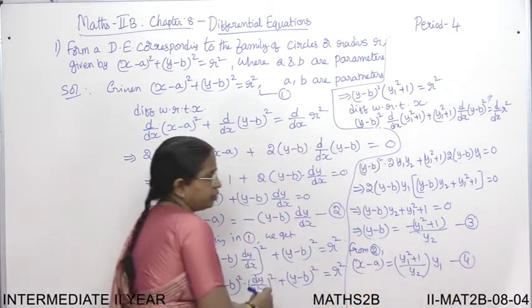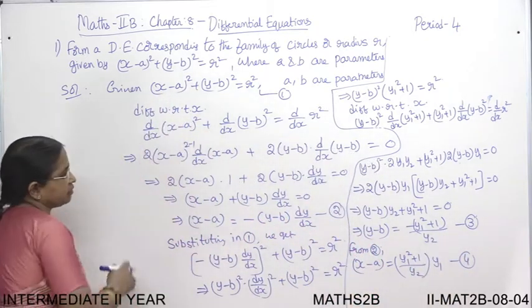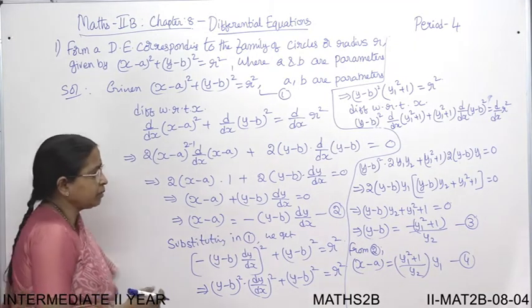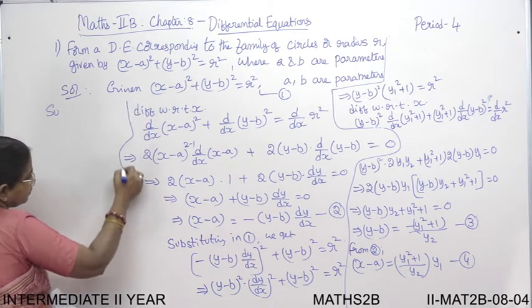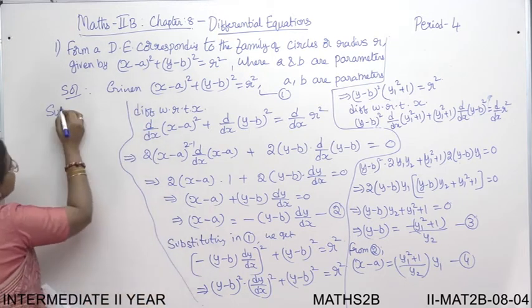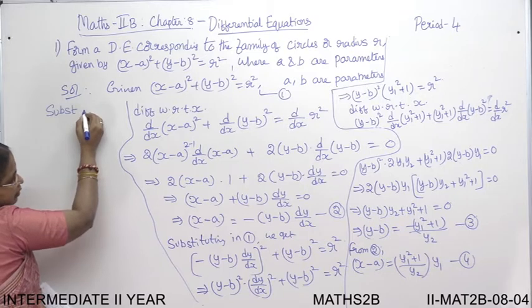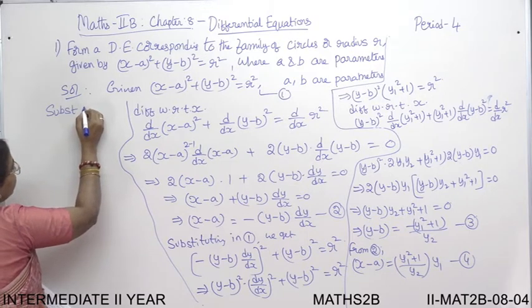Now substitute 3 and 4 in the first equation. Then both a and b will get eliminated. So I'll write here, substituting 3 and 4 values in 1.